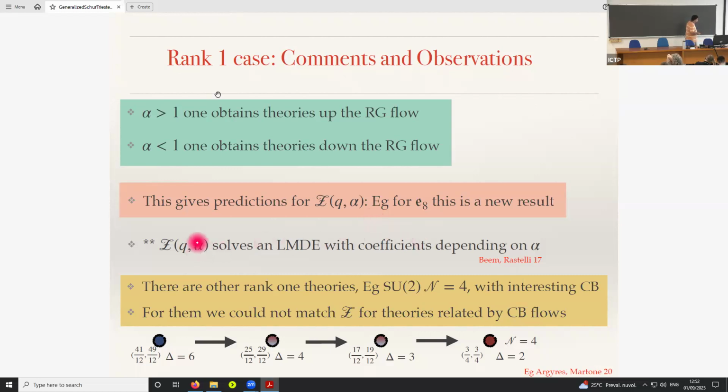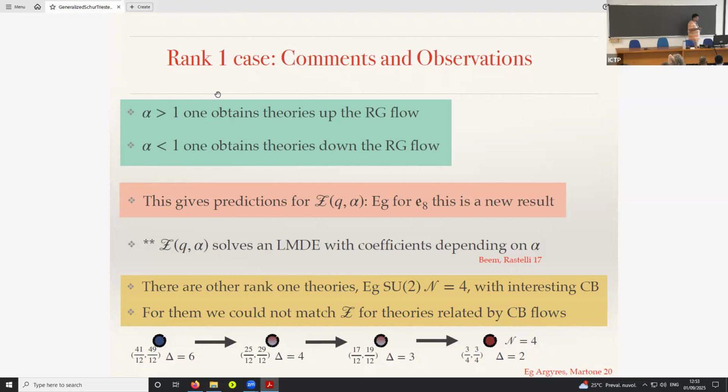Now, to Palash's question, it so happens that when you compute this generalized index as a function of alpha, it solves a certain modular differential equation, with alpha as a parameter of that equation. In general, the Schur indices and indices with inclusion of certain surface defects solve this modular differential equation.